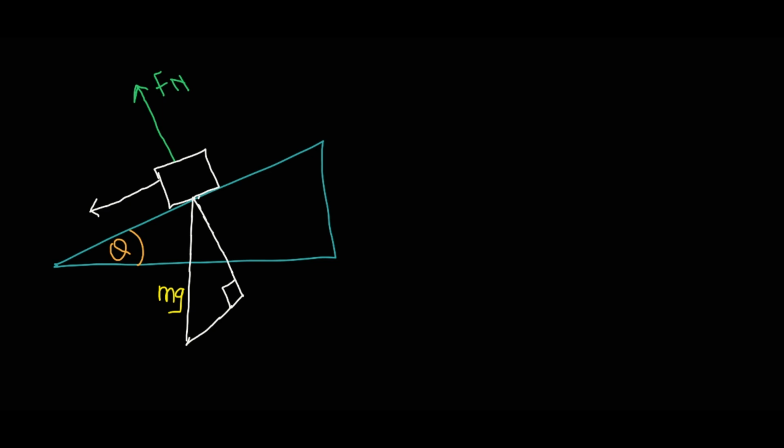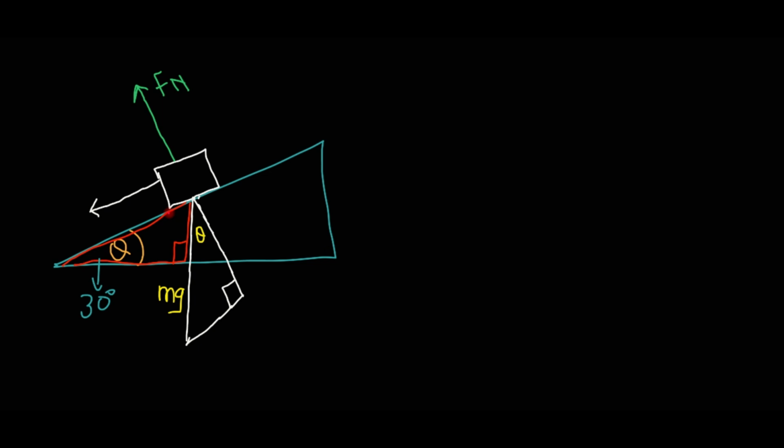It's important to understand this angle theta. Let's see why they are equal. When you look at this right angle triangle, this is 90 degrees. Let's say for example this angle theta is 30 degrees.